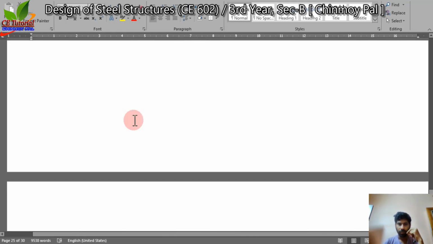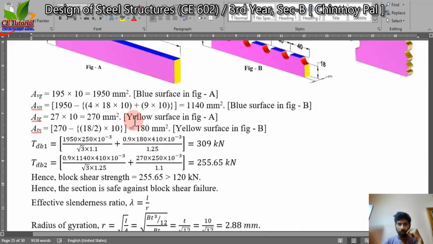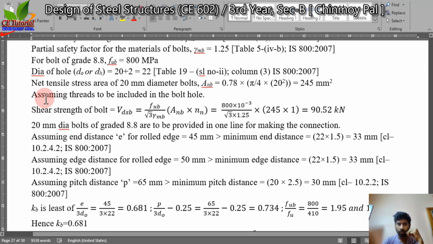So in this problem, we are going to do this. Let us assume the thread to be included in the shear plane, that means in this formula, A_sb is invalid. So shear strength of the bolt is f_ub by root 3 gamma_mb into A_nb into n_n. For one bolt, the strength is 90.52 kN.